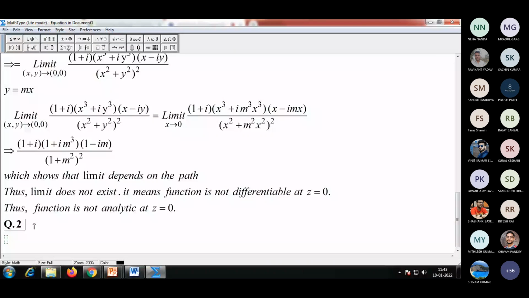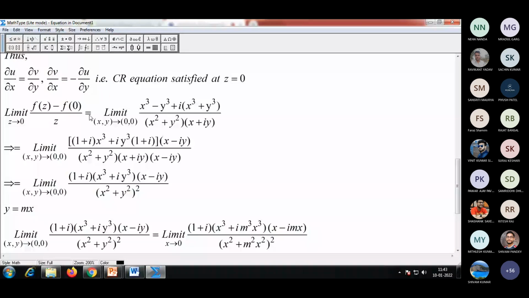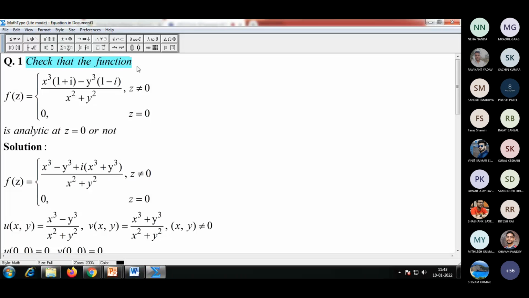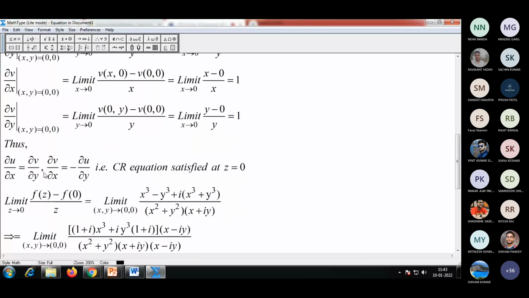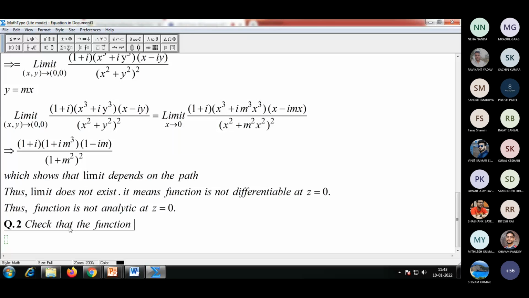Next question. f(z) equal to z square. Check whether the given function f(z) is analytic or not.